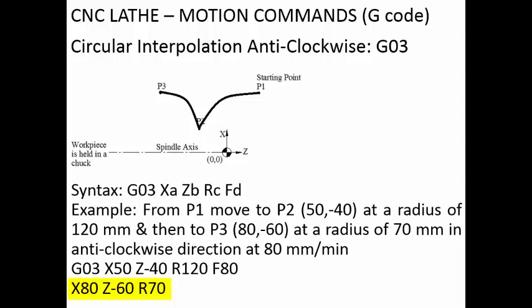You can simply say X80 Z minus 60 R70. When the controller reads this particular command, it will understand that it has to travel in the anti-clockwise direction and it has to move at a feed rate of 80 millimeter per minute. And from P2 to P3, the tool will be traversing. Whether that is a kind of work that is required, that is a completely different issue. We are only understanding the motion of the tool from one point to another point to get a particular kind of profile.